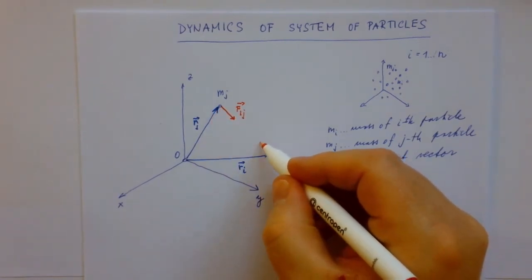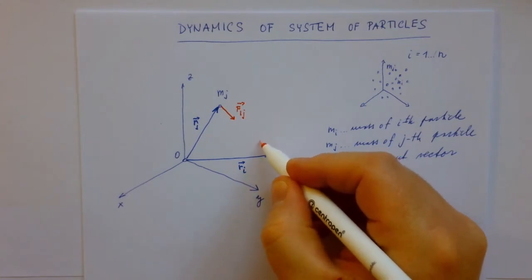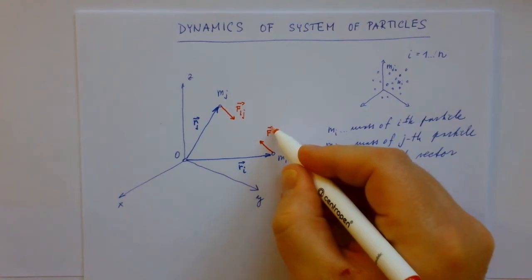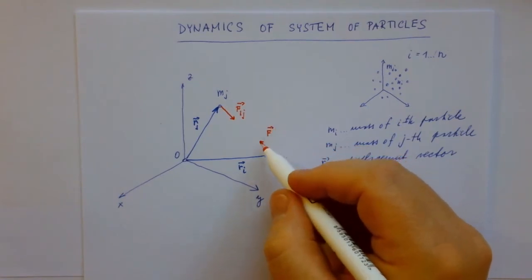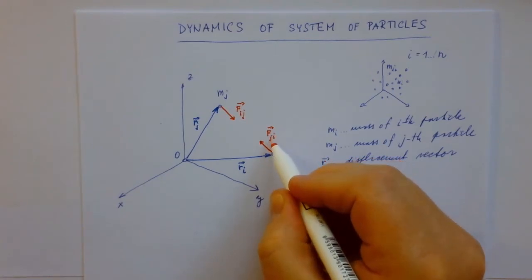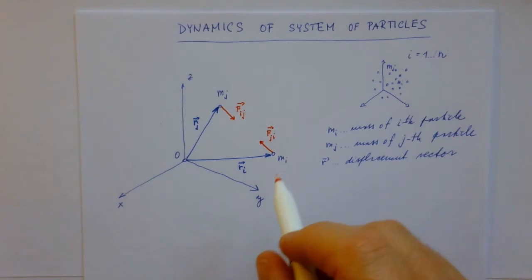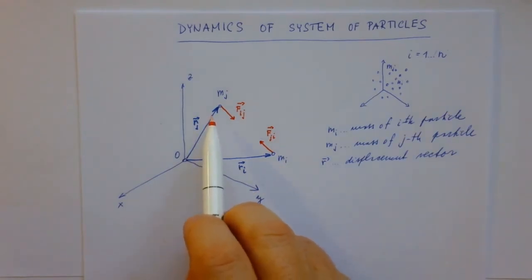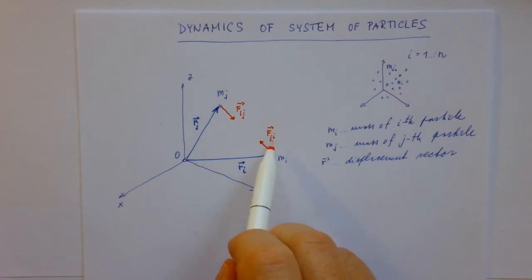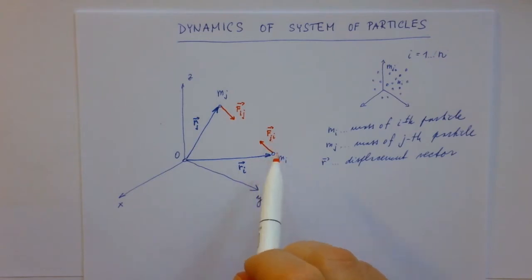And because there is a law of action and reaction, there must be a force which has the same size but opposite direction and is denoted Fji. It's a force from particle j to particle i.